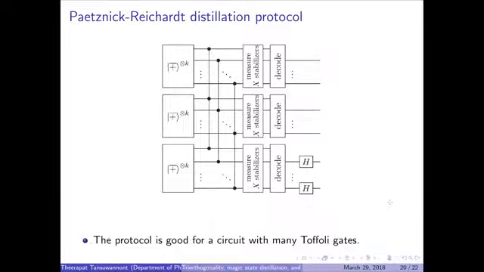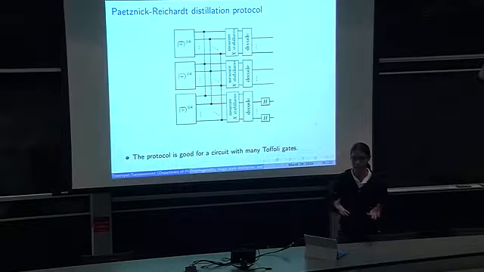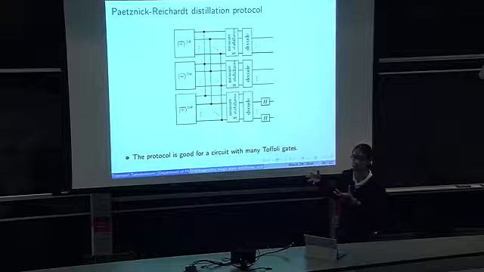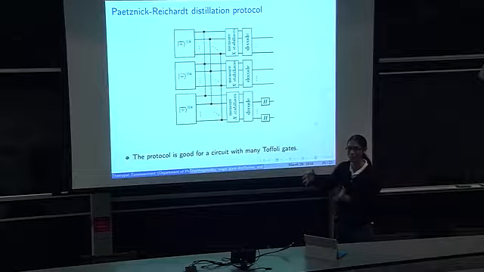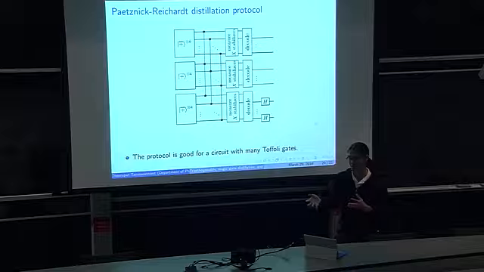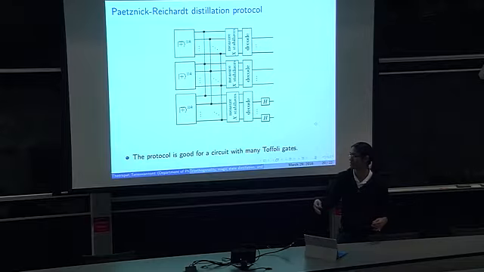They found that this kind of circuit is good if you want to simulate a circuit which has a lot of Toffoli gates, because a Toffoli state can simulate Toffoli gates. But it might not be good if we want to simulate another type of circuit that has T gates or something like that.